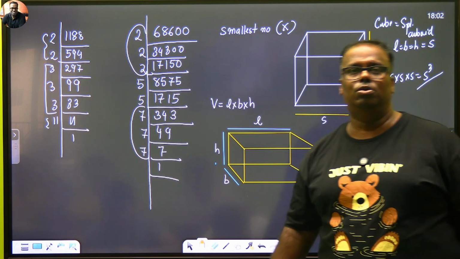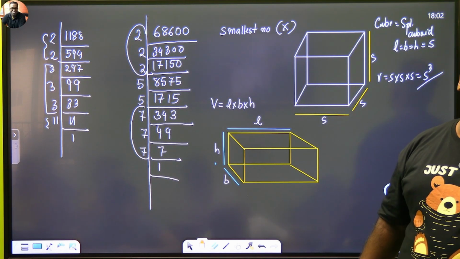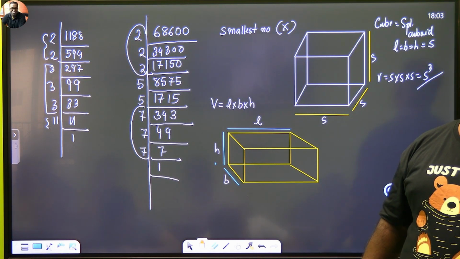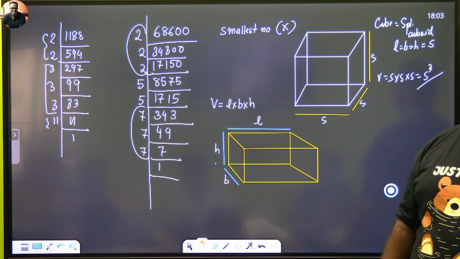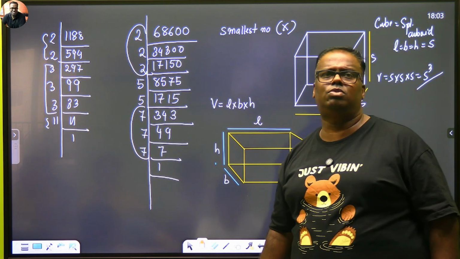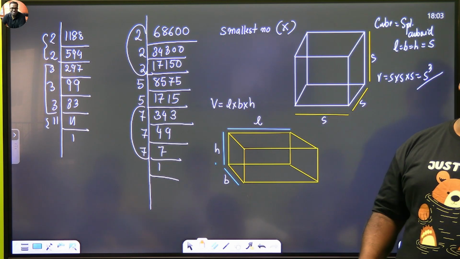Yes, Advait, go ahead. You said that we can call a cube a special cuboid. A cube is a special cuboid, yes. So if it's like that, can't we call a square a special rectangle? A square is a special rectangle in which the length is equal to the width, which is equal to the side.